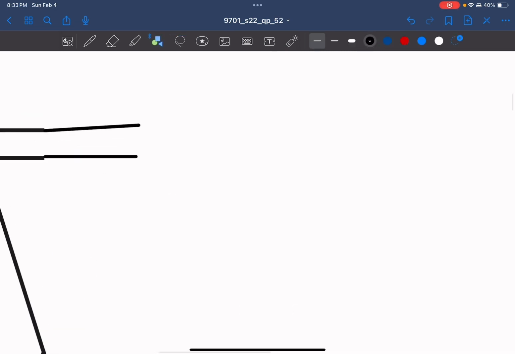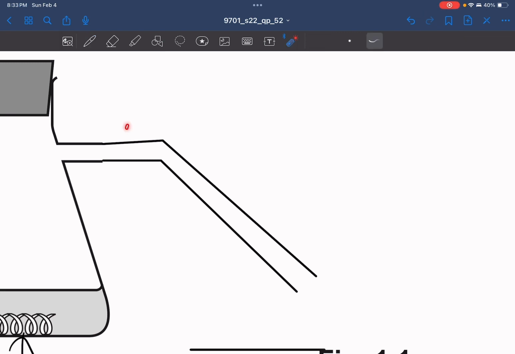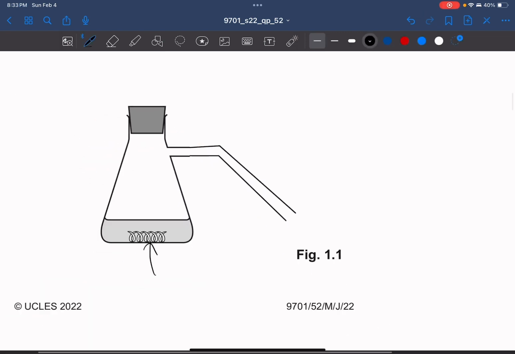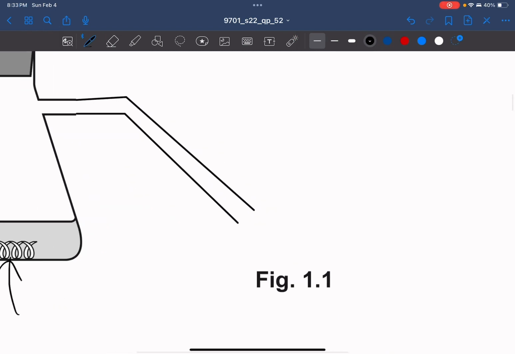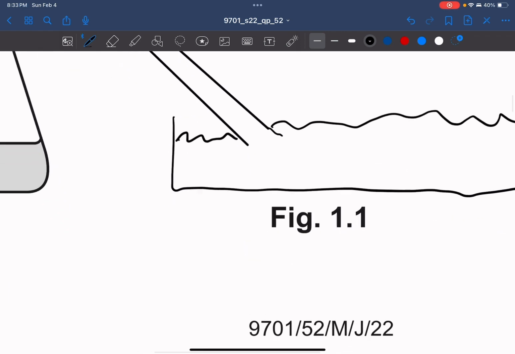Firstly, what you're going to need to make sure in your setup is that there are no sudden holes anywhere here. Let's say this should not have any holes in it, to show that the apparatus is sealed and no gas will escape. So what I'm drawing here is our water trough.